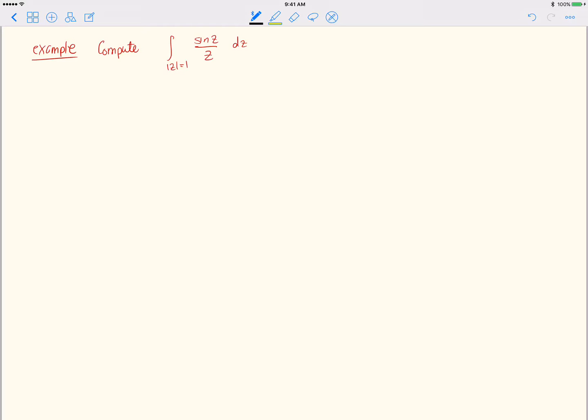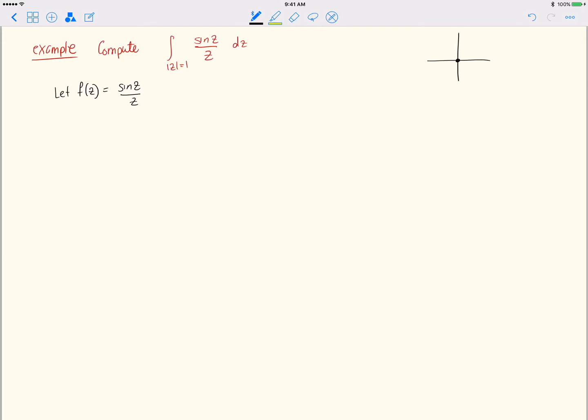Okay, call my function f of z. Where does it have a singularity? When z is equal to 0. It's undefined at that point, so that's my singularity. What does modulus of z equals 1 look like?